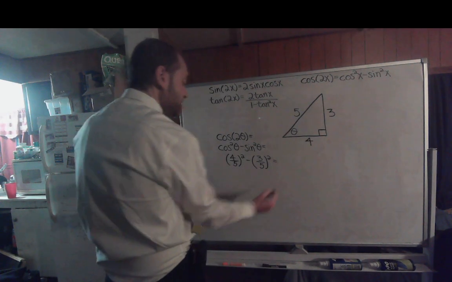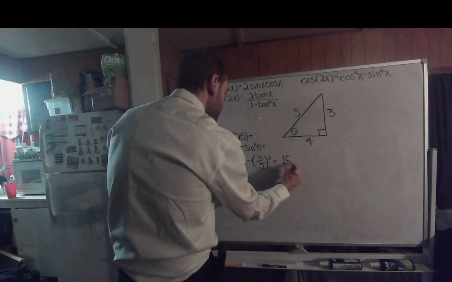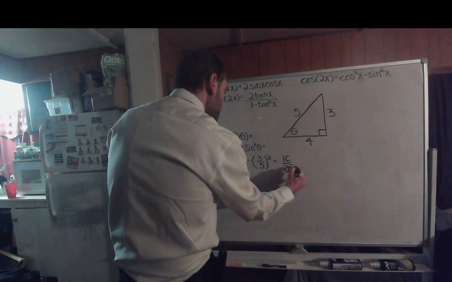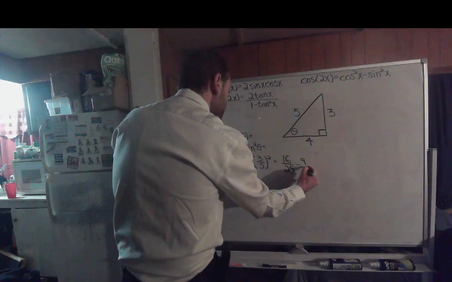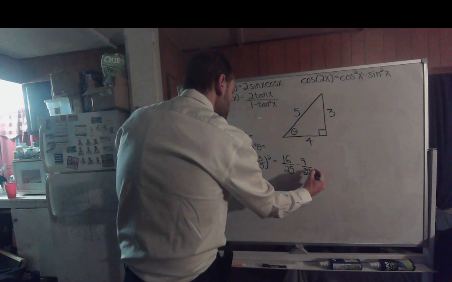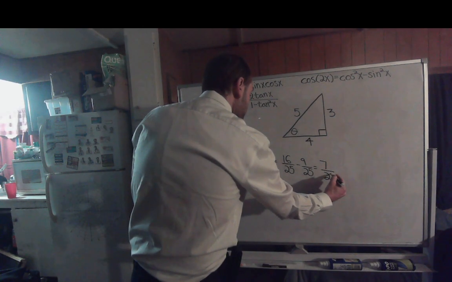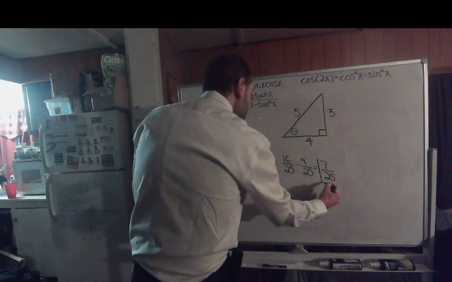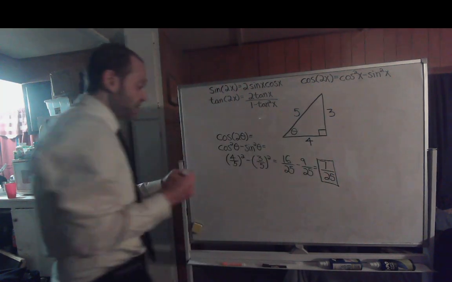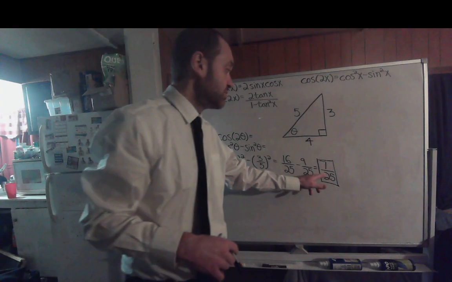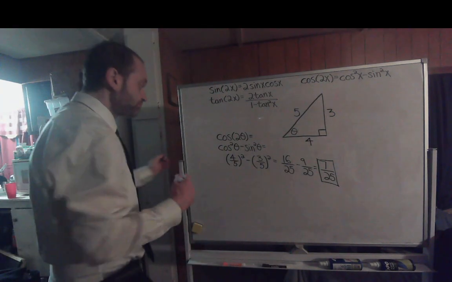Well, that's just going to equal 16/25 minus 9/25, which should end up giving you a value of 7/25. So in this case, the cosine of 2 theta would be equal to 7/25.